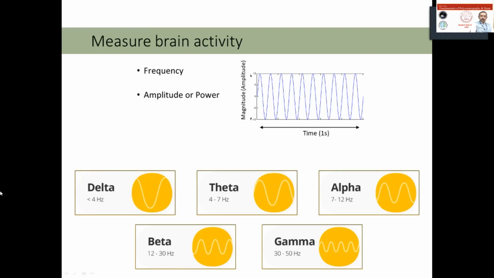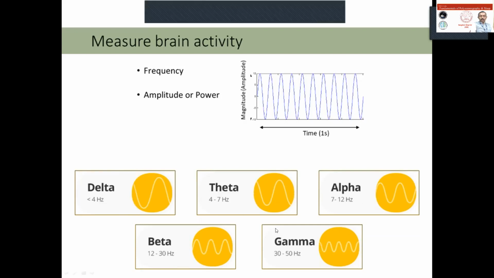And one of the things you can observe here is that as the frequency increases, the amplitude, the height of the waveform, actually decreases. One of the reasons for this is that when the signals traverse, the low frequency signal can travel across the skull effectively, because of which its amplitude is retained.